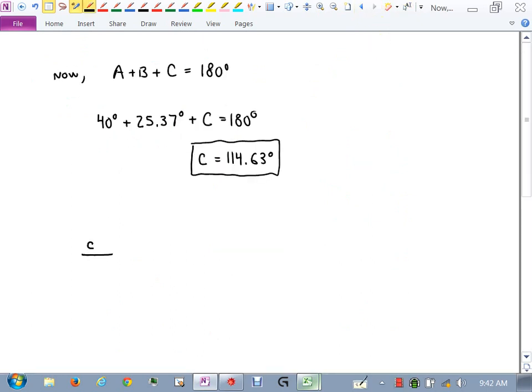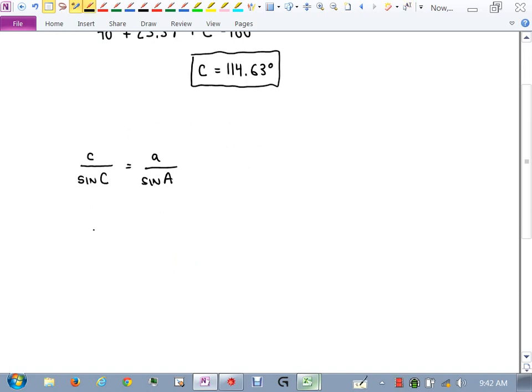Little c over sine of C must be little a over sine of A. Little c is what I want. Sine of C is sine of 114.63 degrees, equals little a, which is 4, over sine of 40 degrees. Right now we're finding little c.